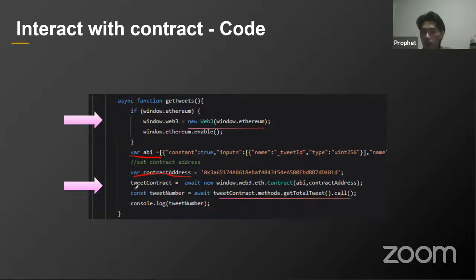And we will use this sentence to define a contract. If we just deployed the Twitter contract, we can use this, window.web3, which is defined here, right? And .eth.contract. This is the same in BSC and ETH.